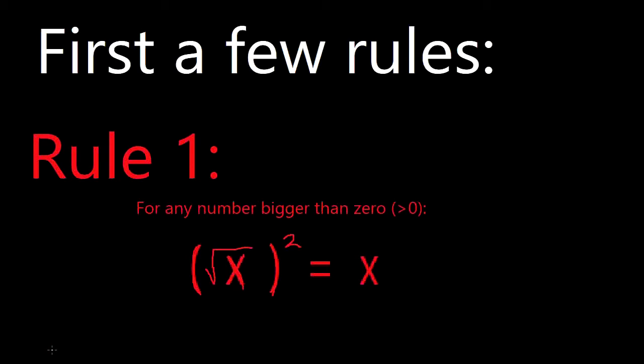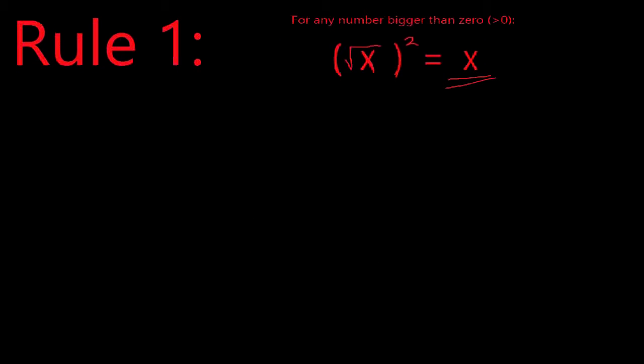So if we have a square root that is squared or put to the power of 2, the answer is that same number, x. So what does this mean? The first thing that we have to remember is that squared means any number times itself. So let's call this number x again.